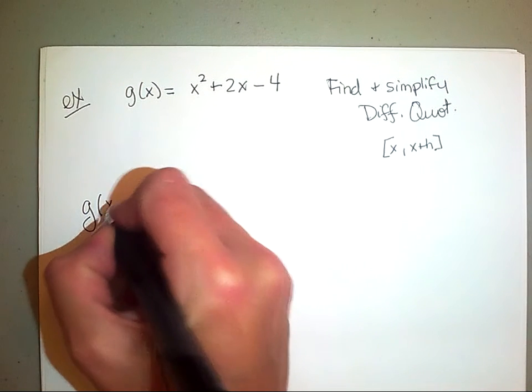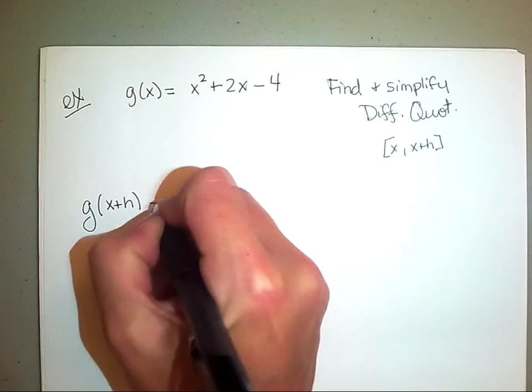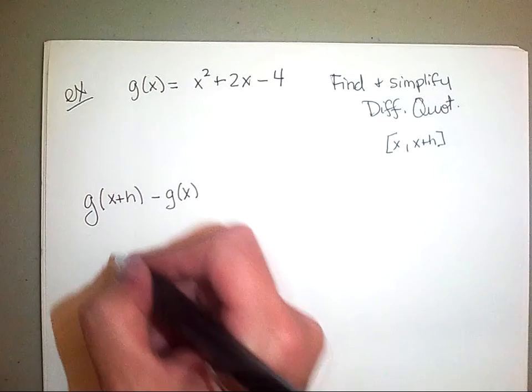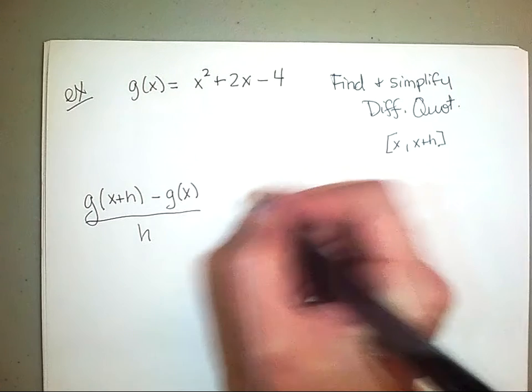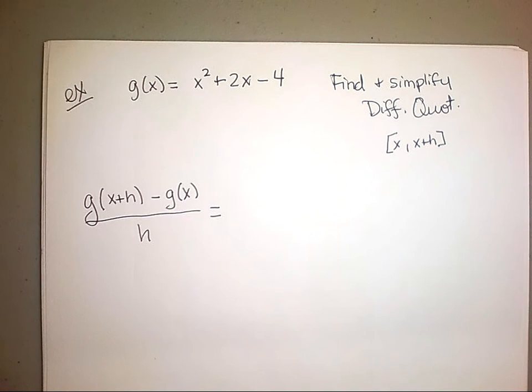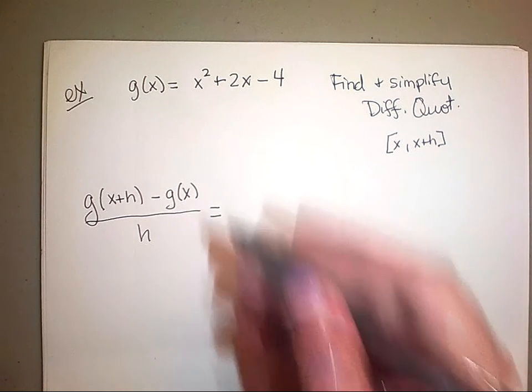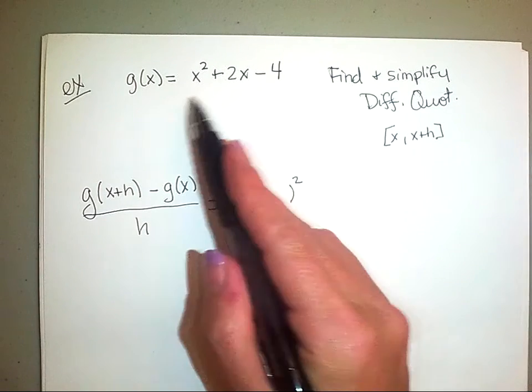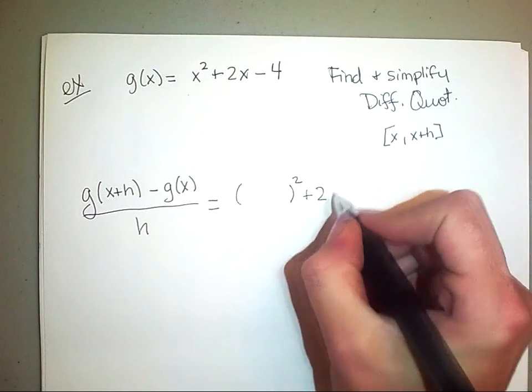Okay, so when you're asked to do the difference quotient, remember that's going from x to x plus h. That's what we just found out. So in our case, we'll be taking g and evaluating it at x plus h, then subtracting off g, the original function of x, and then dividing that whole thing by h.